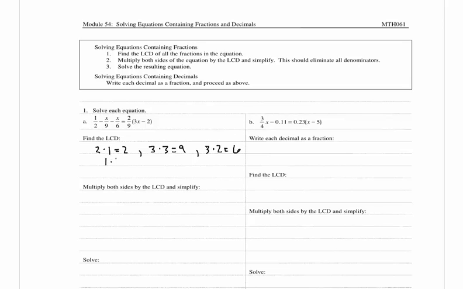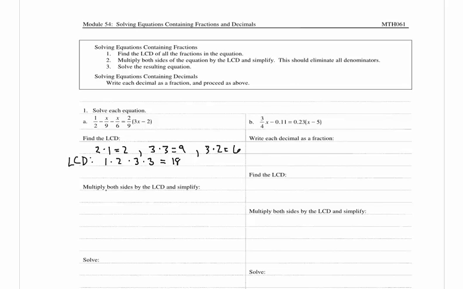So we have 1 times 2, and now we have 3 times 3, so we have 2 factors of 3, or 3 squared. And now, for 6, 3 times 2, we already have 3 times 2 in our list, so our least common denominator is going to be 1 times 2, which is 2, times 3 is 6, times 3 is 18. So this is our least common denominator.